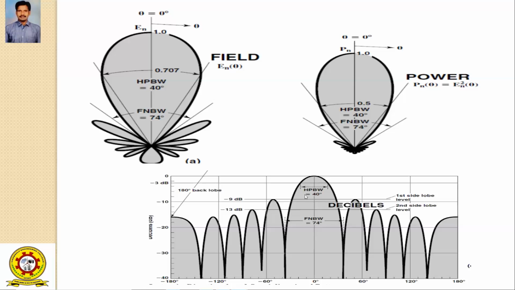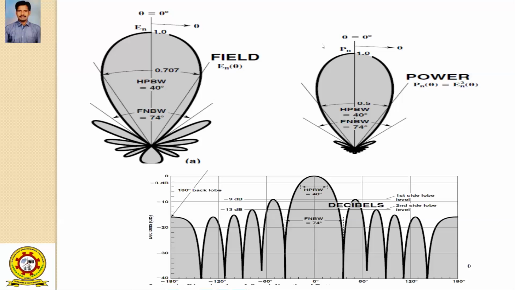To evaluate half power beam width, we mark 2 points from the maxima to 1 by root 2. That is called half power beam width. In this picture, approximately at 40 degrees, we find the half power beam width.